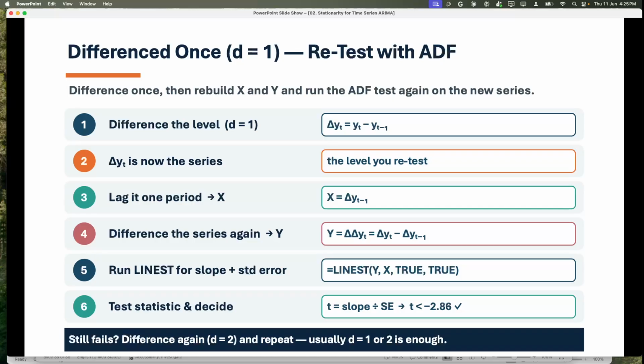Then difference the series again. Then calculate the regression. Here the y is your difference of the difference series, and the x is your lag series. So the lagged difference is your x series. Now the y is the difference of the difference, that is the second one.